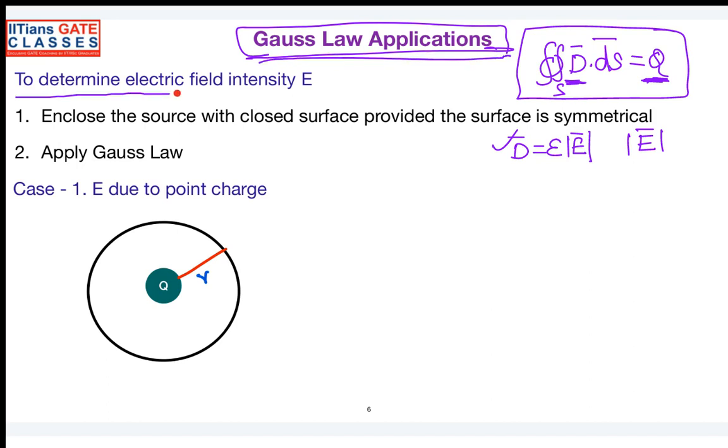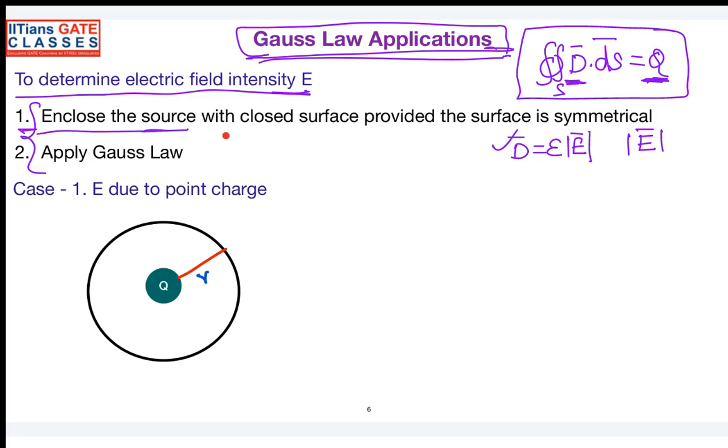To make the problem simpler, I have given two steps which you need to follow when finding the electric field intensity using the Gauss law. In other words, I was giving a simple hint. Suppose even in your gate problem, if they say find the electric field intensity due to so and so charge, the first thing that should come to your mind is that it is an application of the Gauss law. So you need to go in a step-by-step sequence. The first step is to enclose the source with a closed surface, provided the surface is symmetrical.